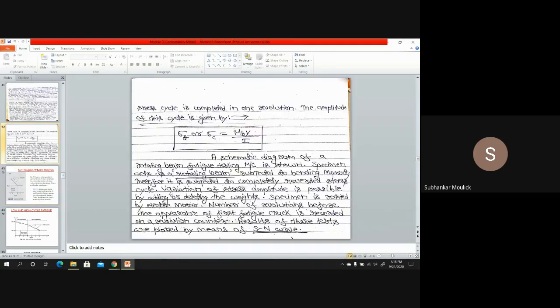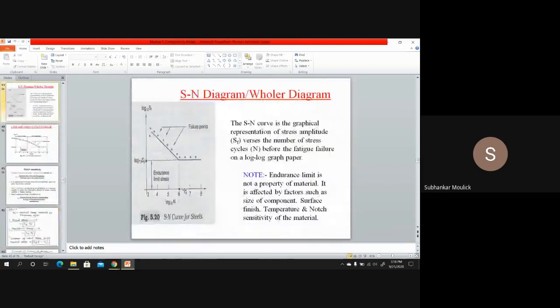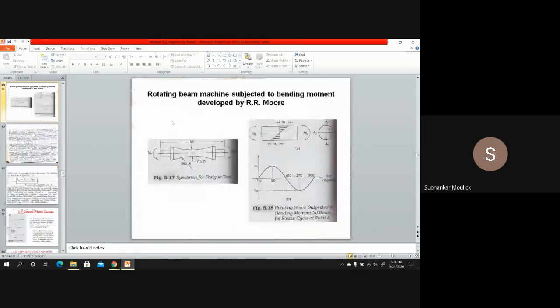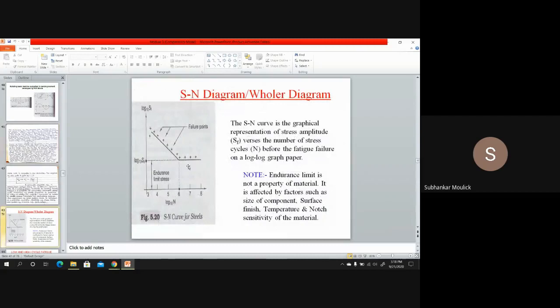From this experiment, we concluded that when the number of stress cycles is 10 to the power 6, that means 10 lakh cycles, that is, when you have rotated this specimen 10 lakh times continuously by the application of fluctuating load, at 10 to the power 6 cycles you get one stress value, and from that point the stress value is constant and parallel to the x-axis.